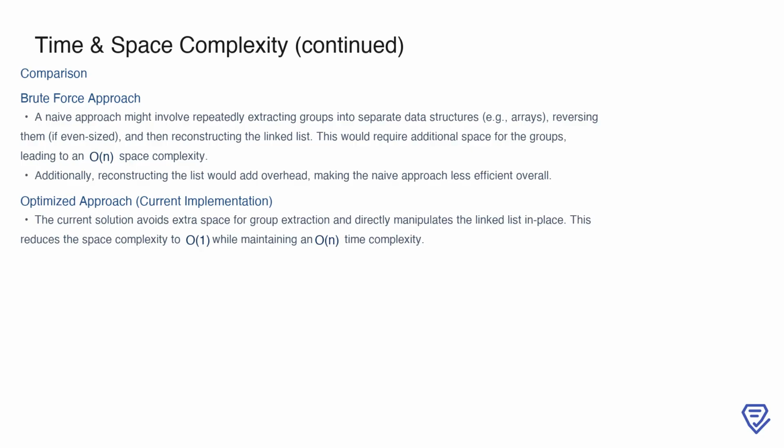On top of that, the overhead of reconstructing the linked list would make the brute force approach less efficient overall. In contrast, the optimized solution avoids any extra space for group extraction. By directly manipulating the linked list in place, it reduces the space complexity to O(1) while maintaining the O(n) time complexity. This makes the current implementation significantly more efficient.